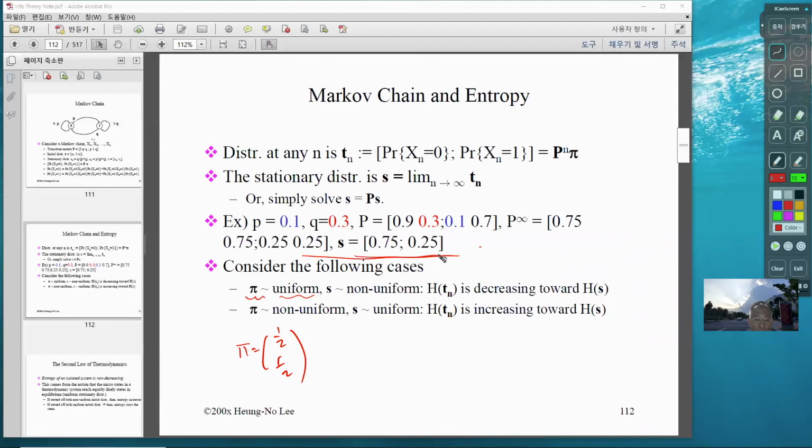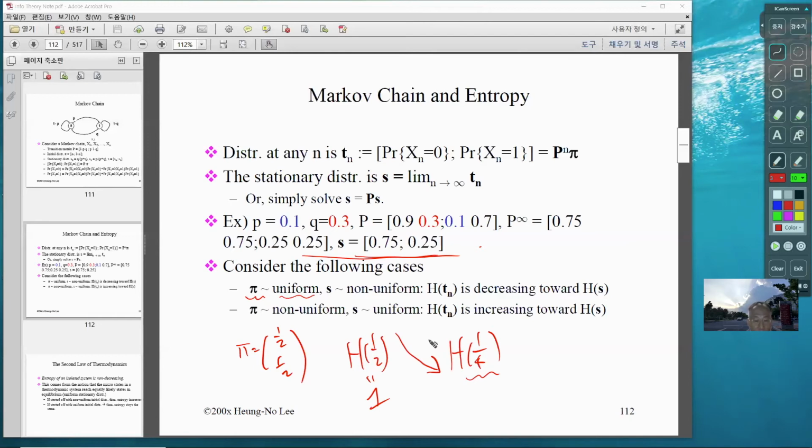So basically entropy decreases to 1/4, starting from half. So this one is 1, and this one is smaller than 1, so we are decreasing as the Markov chain evolves.